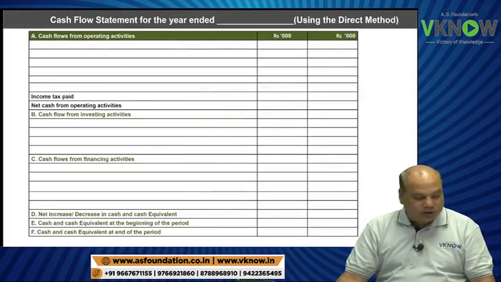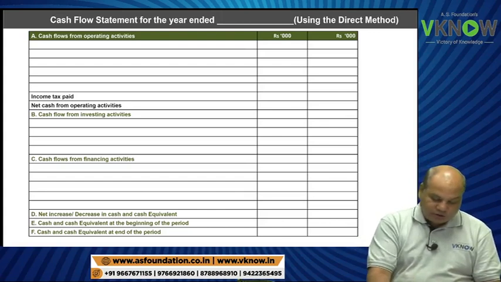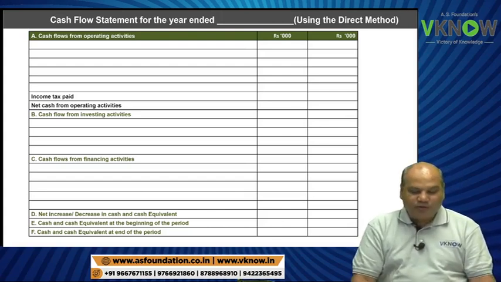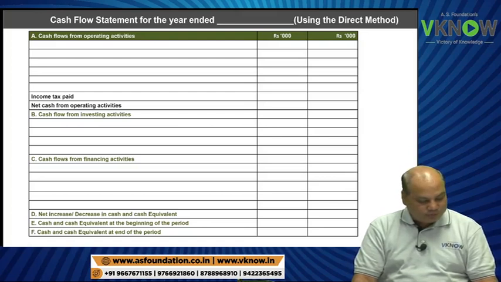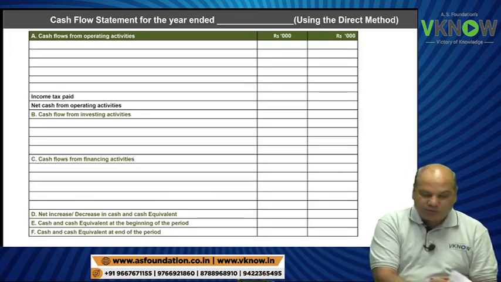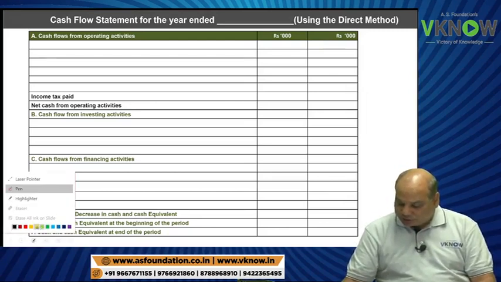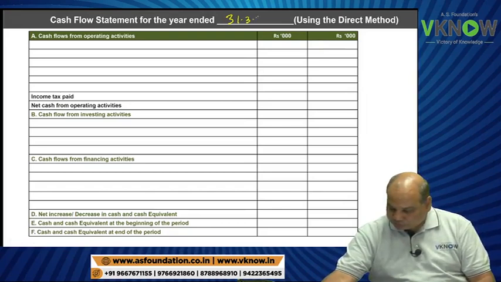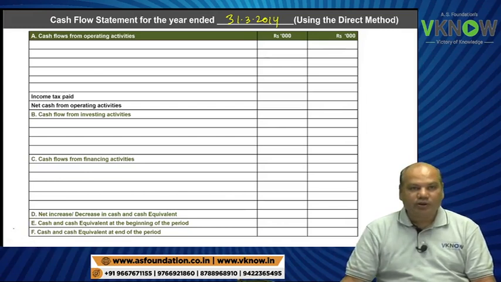So first you write down the heading AS Foundation Limited. Cash flow statement for the year ended 31st December 2014, in bracket write down using direct method.